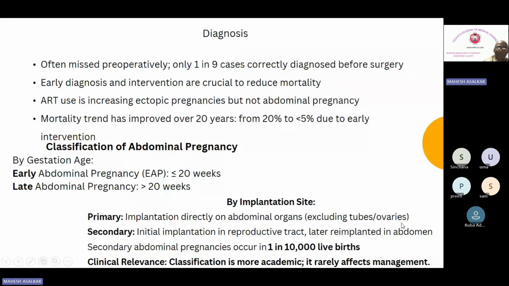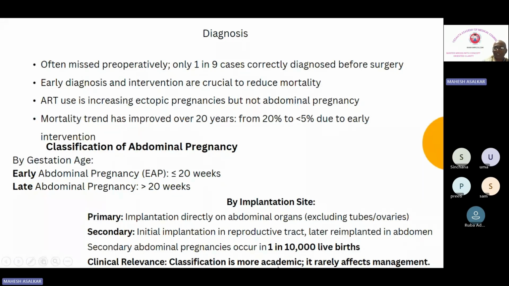Then what do you mean by secondary? The initial implantation is in the reproductive tract, later implanted in the abdomen. So there may be a tubal abortion, but it gets implanted into some other organ and continues. Per this classification, is there any clinical relevance?